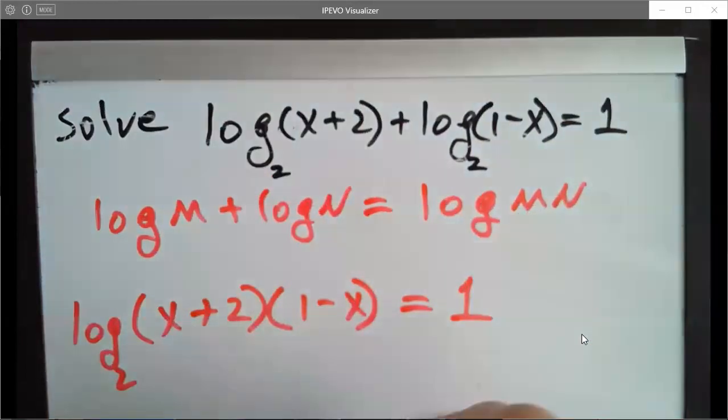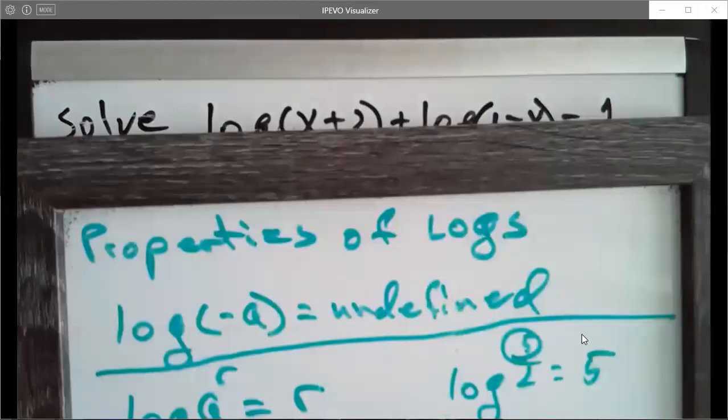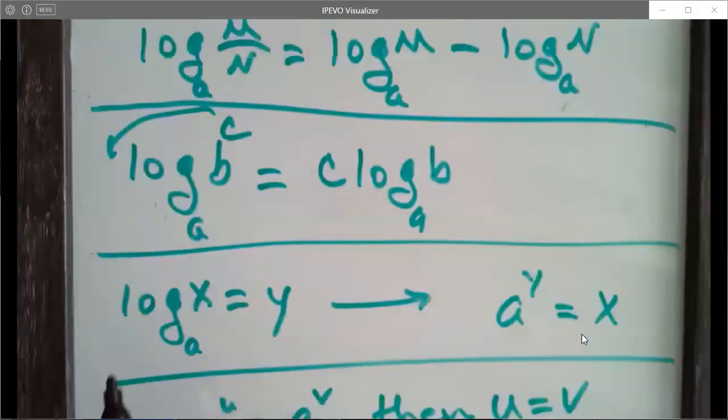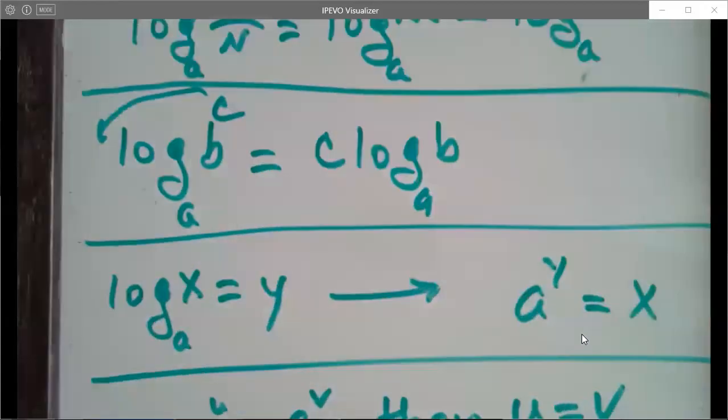So from here, we can convert this from logarithmic form to exponential form, like we said before. We look at the base of our logarithm and we put that first, and then we switch the two other parts.